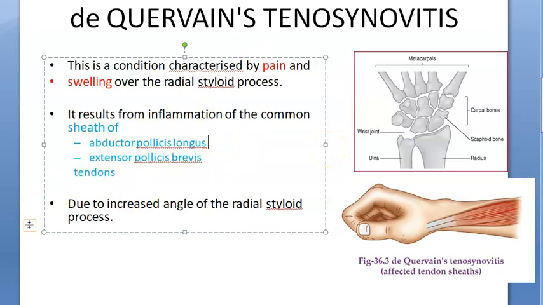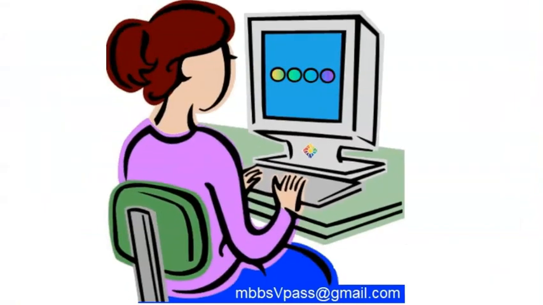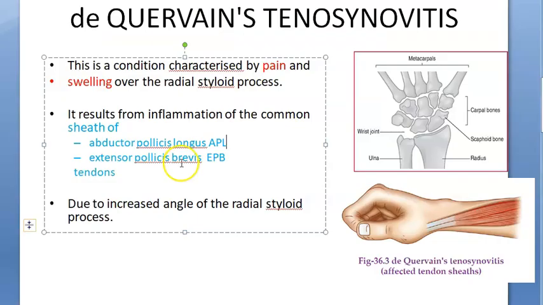Can you remember? APL and EPB. Abductor means something that is taking it away. Abductor pollicis longus, extensor pollicis brevis. Very good. So these are the two tendons whose sheath is inflamed.